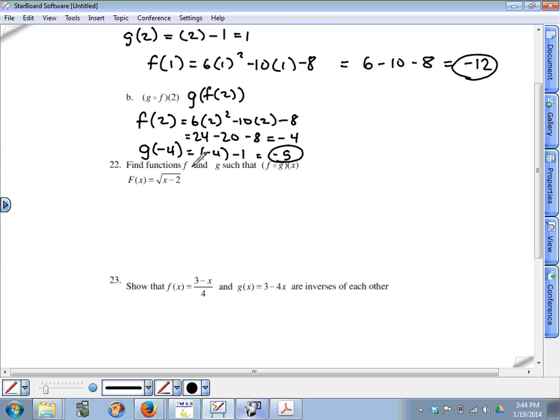Number 22. Find two functions f and g such that the composition f of g of x would equal this. We did an example of this at the end of the section 3.6 notes. So if we let little f of x equal the square root of x and g of x equal x minus 2, then when we found the composition f of g of x, this x minus 2 would go inside of this x right here, forming this function.